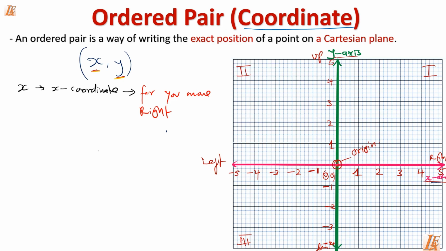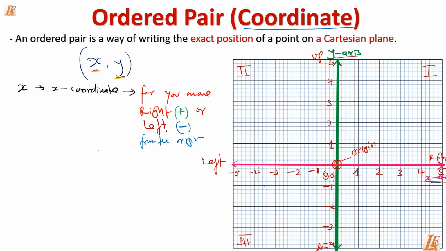And if you are moving from the origin to the left, you are moving on the negative side. So the x-coordinate tells us how far you move from the left to the right, or from right to the left, from the origin.